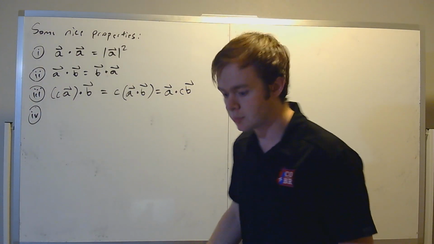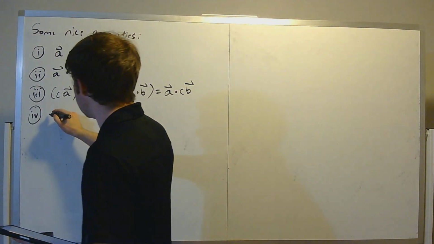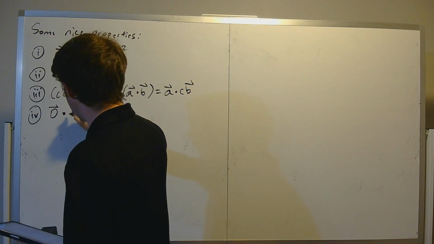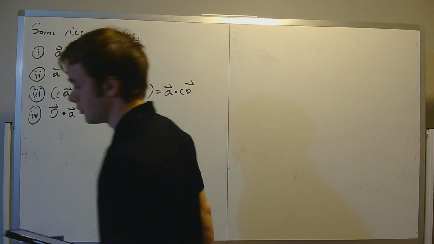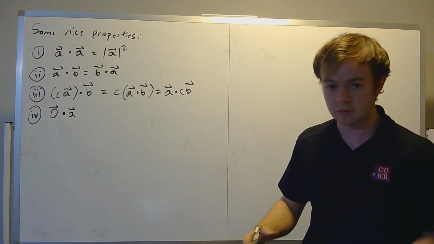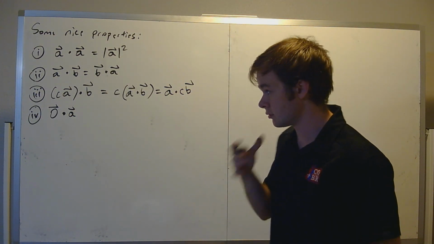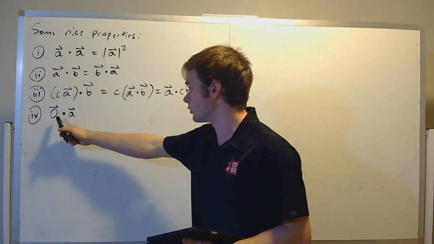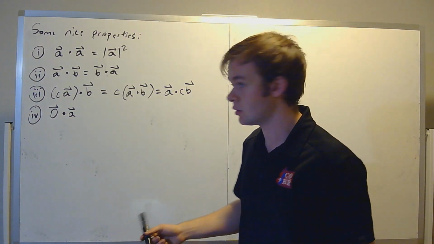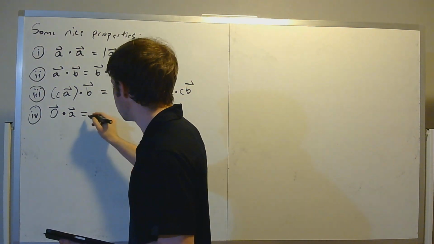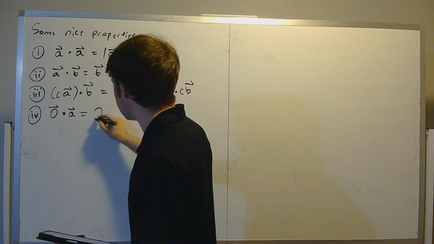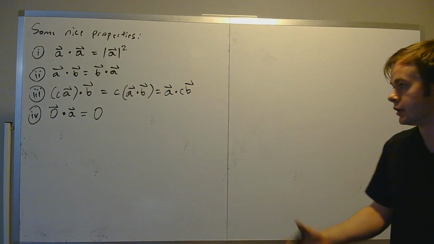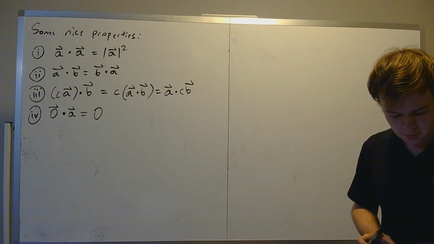Property number 4 says that 0 dotted with A, where this is the 0 vector, meaning it's just the vector with 0 in all of its entries. If you think about the formula and what happens whenever you dot that with A, you can think about what the answer should be. And of course the answer here is going to be the number 0. So the output is always a number, and the number here is 0.